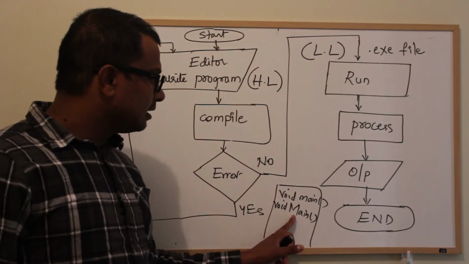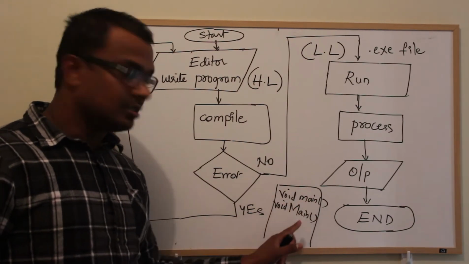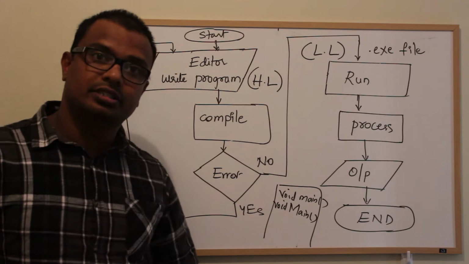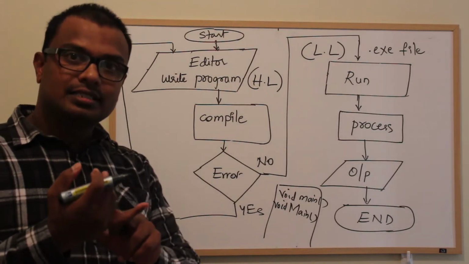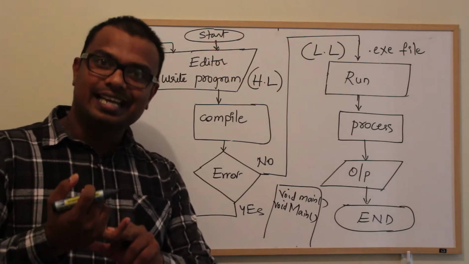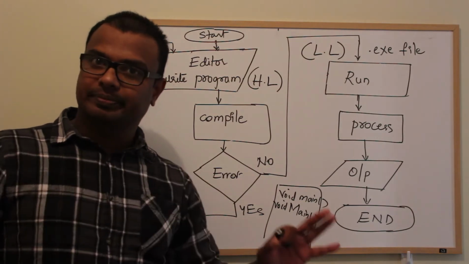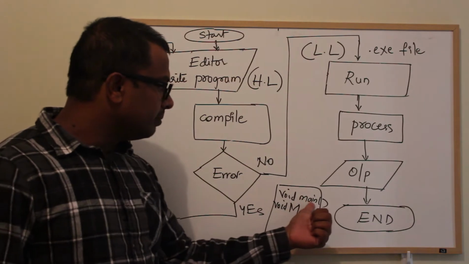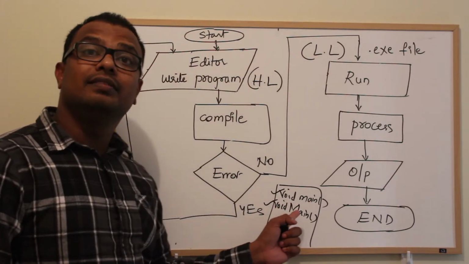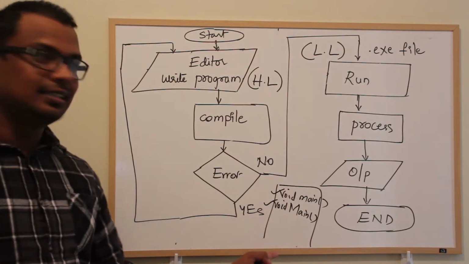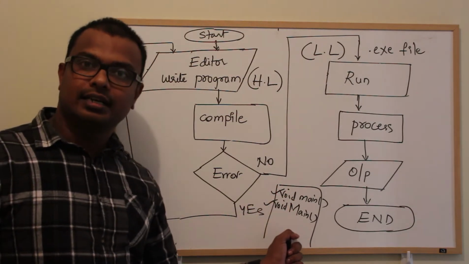But I have to write small letters. C language is case sensitive. Case sensitive means there is a difference between small a and capital A. Both are not the same. Right? So void main is the correct statement, but I have written capital M by mistake. It will not accept; it throws an error. This is called a syntax error.